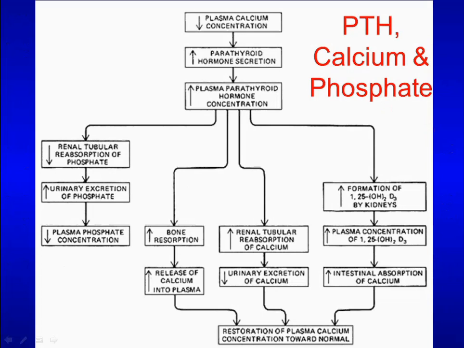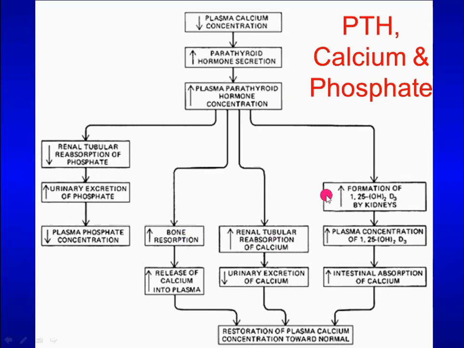When the plasma calcium level is low, PTH secretion increases. Plasma PTH levels rise. Rising PTH has three effects. It stimulates bone resorption, renal tubular reabsorption of calcium.